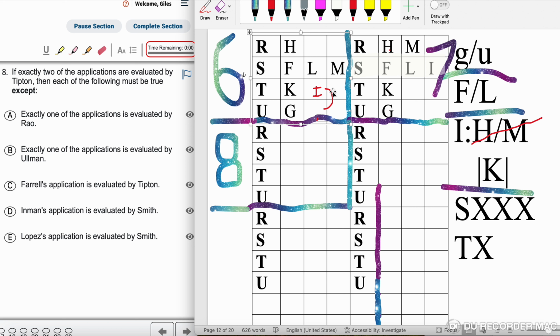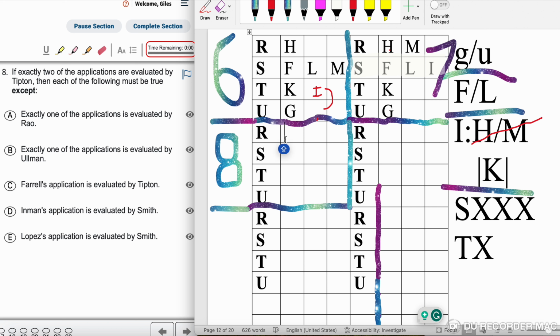Also, what I'm gonna do here is try to see if I get one more variable in here. I don't want it to be I either, so let me go ahead and use this one right here. I should be putting another game board right here.